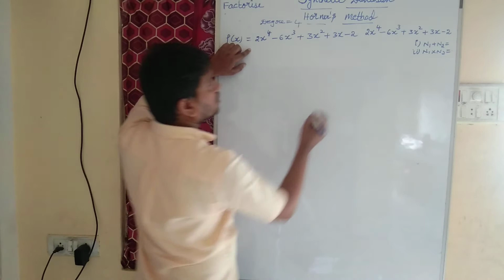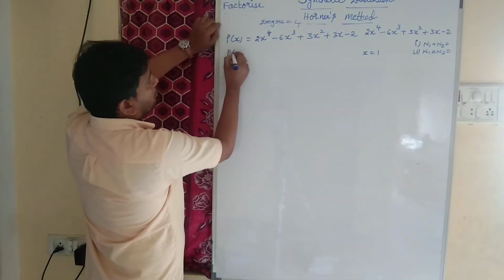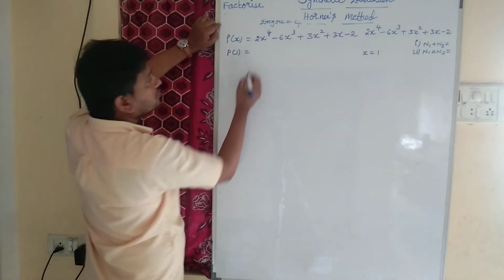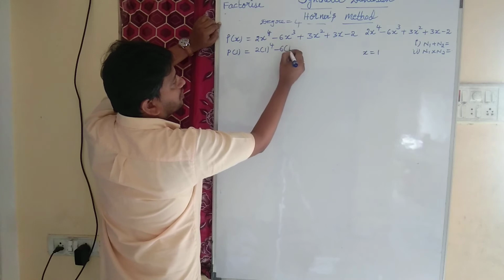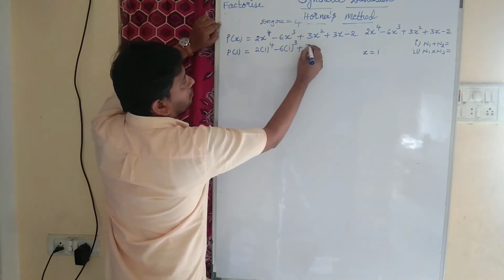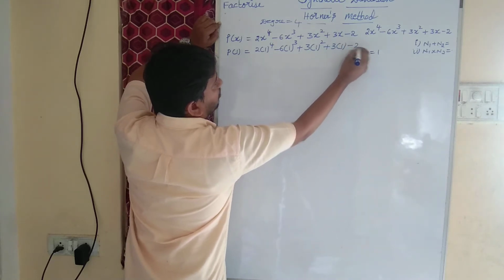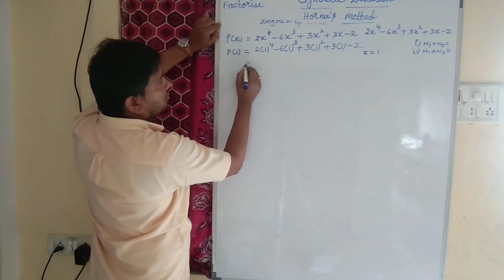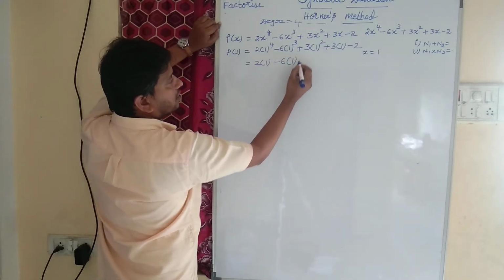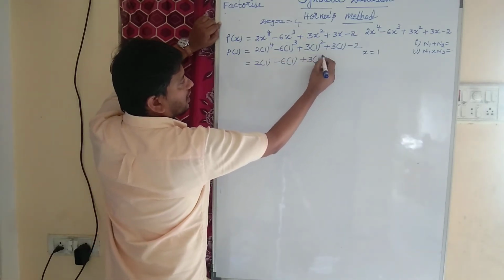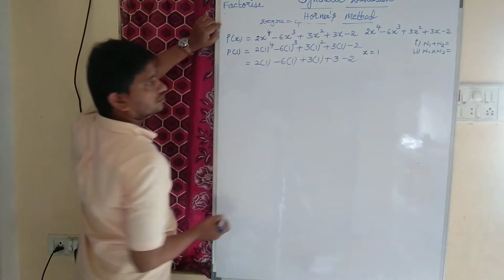So let us substitute 1 in place of x. P of 1 is 2 into 1 power 4 minus 6 into 1 cube plus 3 into 1 square plus 3 into 1 minus 2. 1 to the power 4 is nothing but 1 only. 1 cube is 1 only. 1 square is 1 only. 3 ones are 3, minus 2.